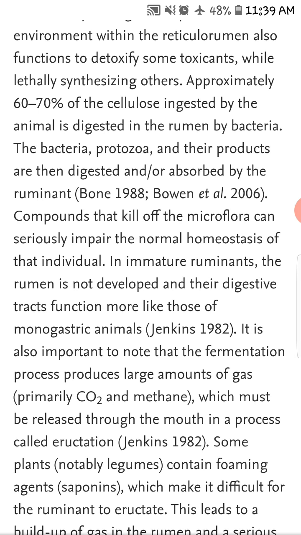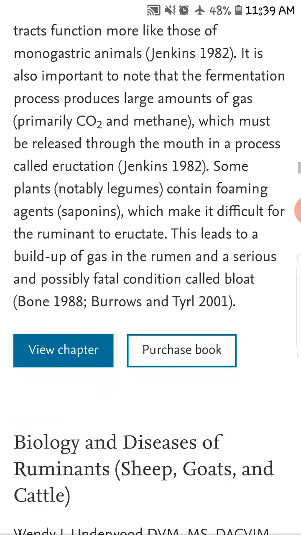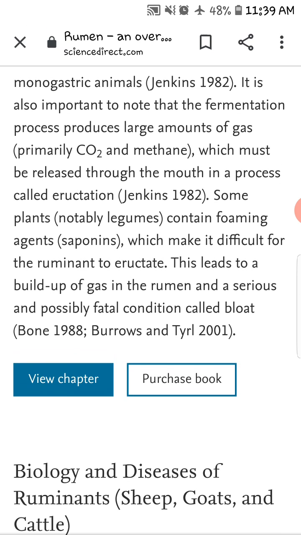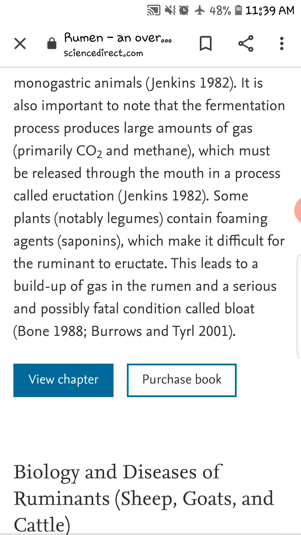So this is why ruminants are considered among the largest producers of greenhouse gases. And some of the legumes contain foaming agents like saponins, which make it difficult for the ruminant to eructate.